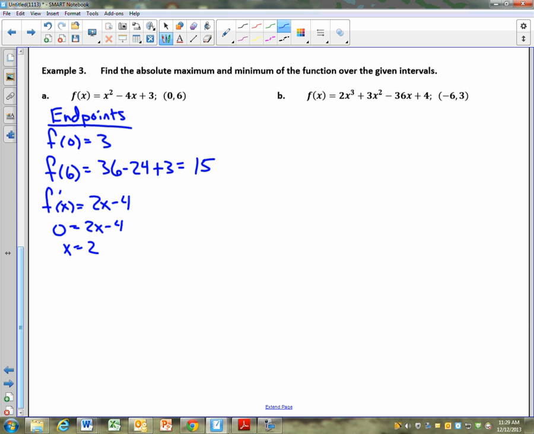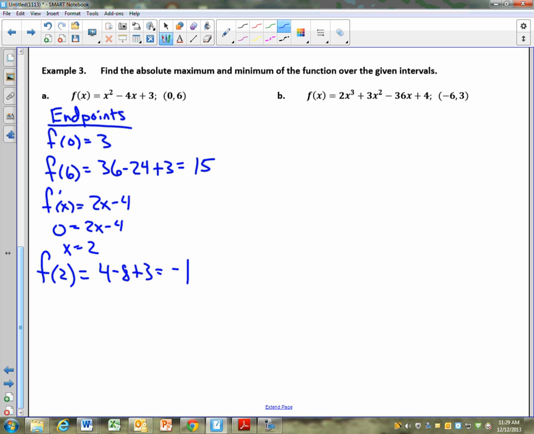Let's find that minimum value. I plug that point back into the original function. If I plugged it into the derivative, I'd get 0, because that's the slope there. Plugging it into the original function, we get 4 minus 8 plus 3, which is negative 1.